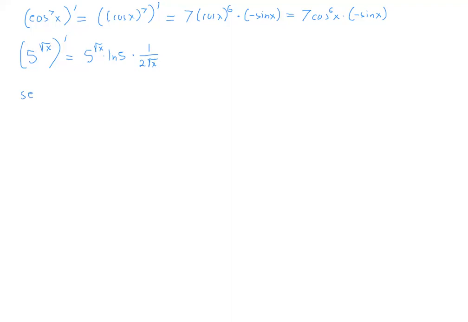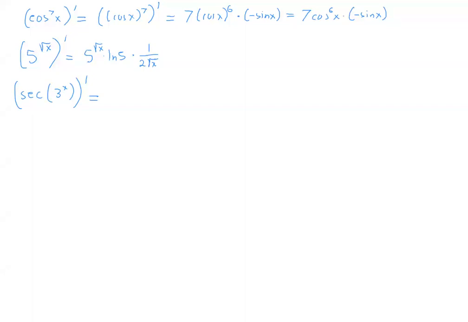Let's do one more. What is the derivative of secant of 3 to the x? This is a little more interesting. So again, our inner function is 3 to the x. We think of 3 to the x as y, so we're looking at secant of y. And what is the derivative of secant of y? The derivative of secant of y is tangent of y times secant of y.